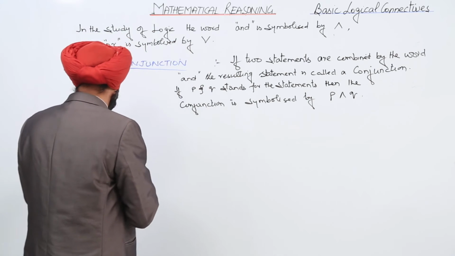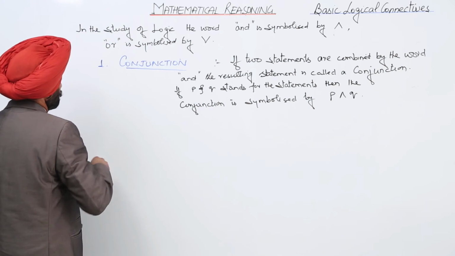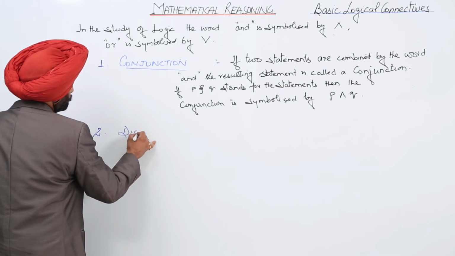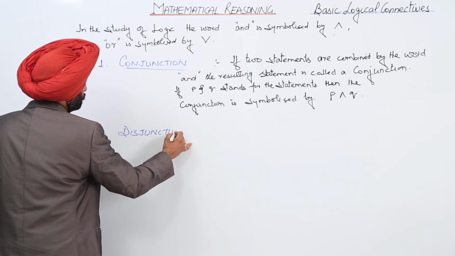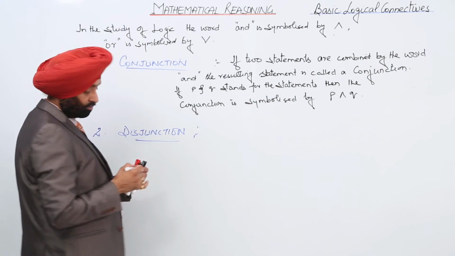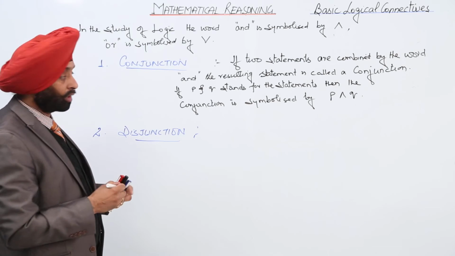Okay. Now number two is disjunction. Now what does this stand for? Just tell me. Good, nice. So this goes for the "or" part. Okay.